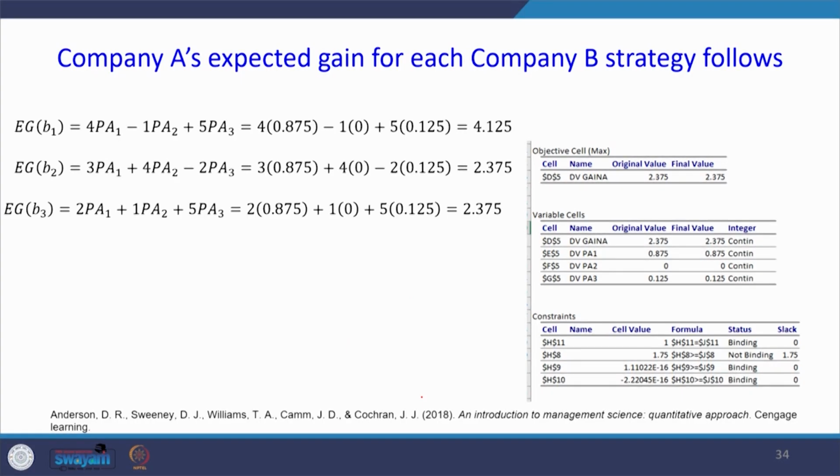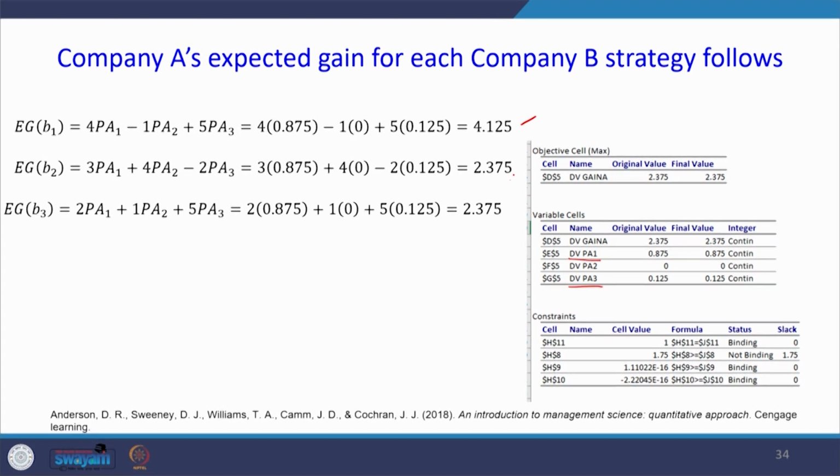Now, I have brought the Excel output here. From here we can see the value of PA1 is 0.875, PA2 is 0, PA3 is 0.125. When I substitute these values in the first equation, that says if player B plays B1, the expected gain for A, EGB1, is 4.125.